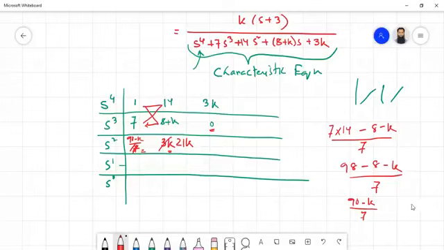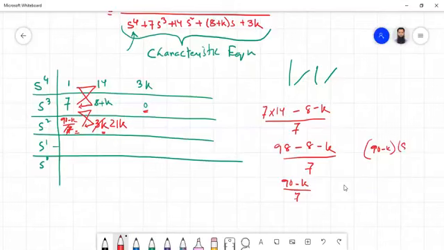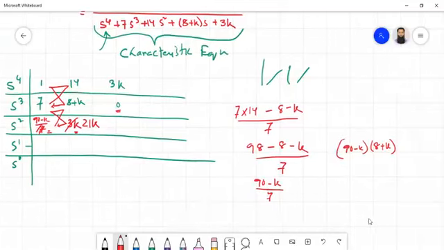So for the next value, again from the 8, it will give you something like this: (90 minus k) into (8 plus k), minus 7 into 21k, divided by 90 minus k.